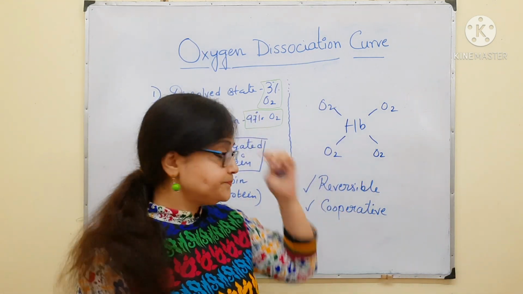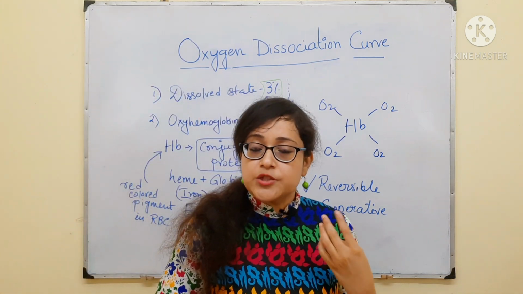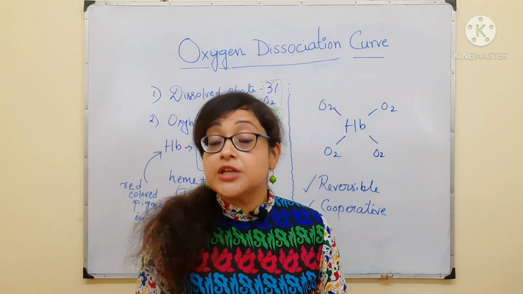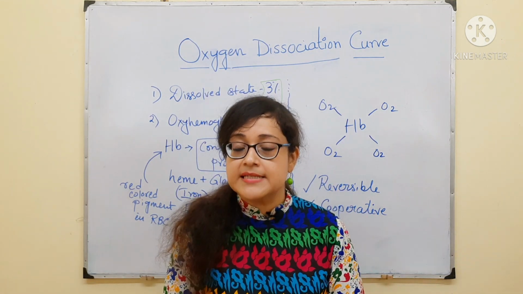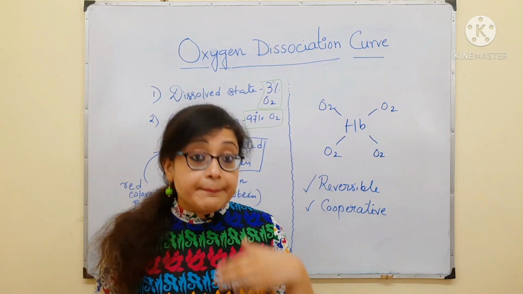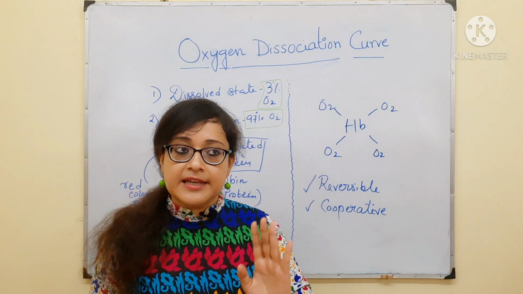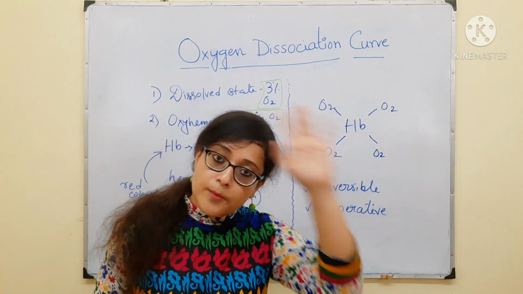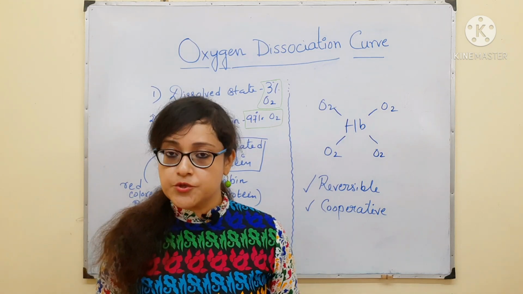This much is clear. Now, what is actually known as saturation of hemoglobin? If hemoglobin has 4 hands, that means it has the capability to bind 4 molecules of oxygen, and if it is attached to 4 molecules of oxygen completely, it is 100% saturated.